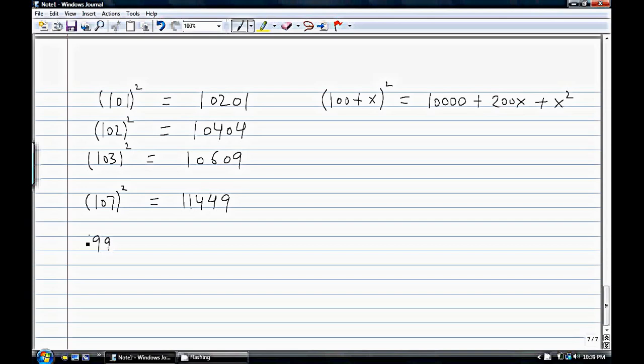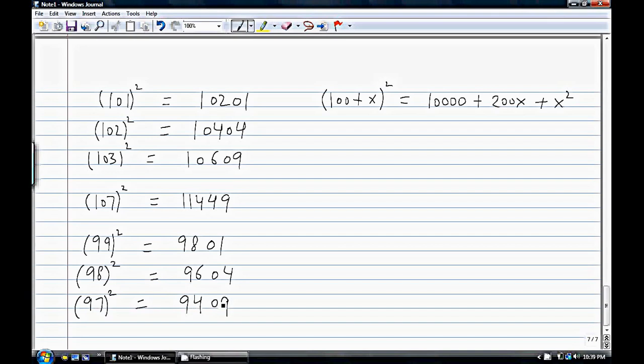So suppose I am squaring 99, then 1 times 2 is 2, so I will subtract 2 from 100, that will be 98, and then take the square of 1, that is 9801. Similarly, 98 square will be 9604, and 97 square is equal to 9409, since 3 times 2 is 6, so 94 and 09.